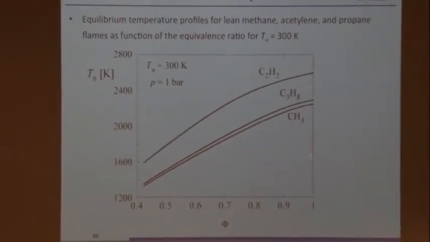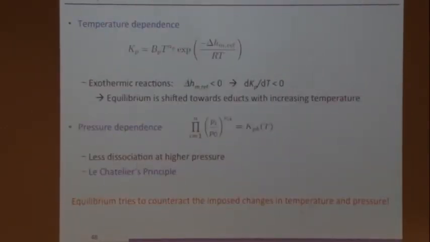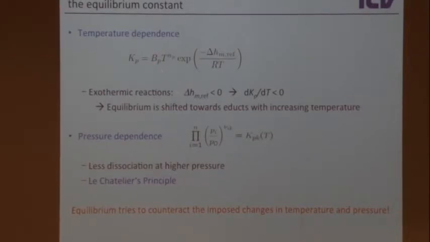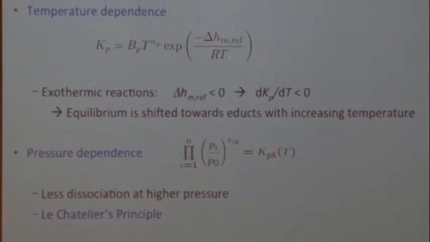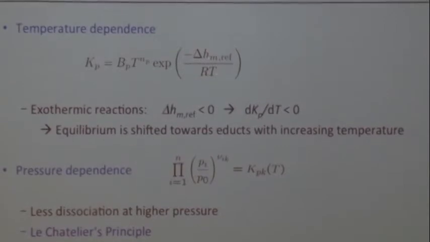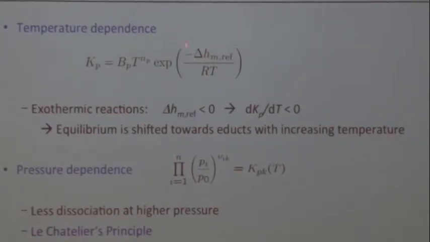This just shows another result here for other species. I'll skip this, but you can kind of see it from this, at least the temperature effect. So Kp is here a function of exponential minus 1 over RT, and depends on this delta Hm. Delta Hm tells you in what direction the reaction is heat releasing.